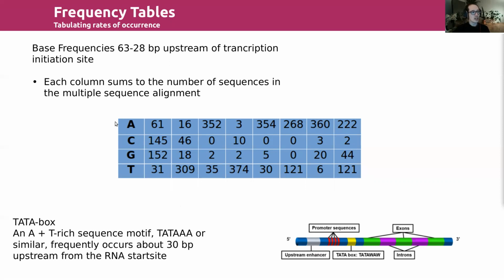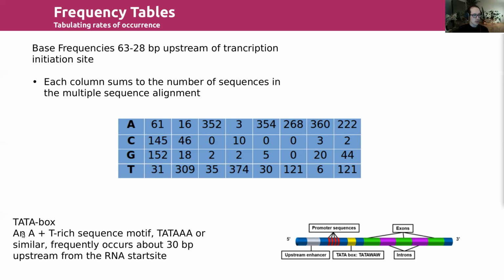We list out our bases and count the occurrences of those bases at each position. So in this particular column, we saw, say, 61 A's, 145 C's, 152 G's, and 31 T's. And this can reveal patterns.